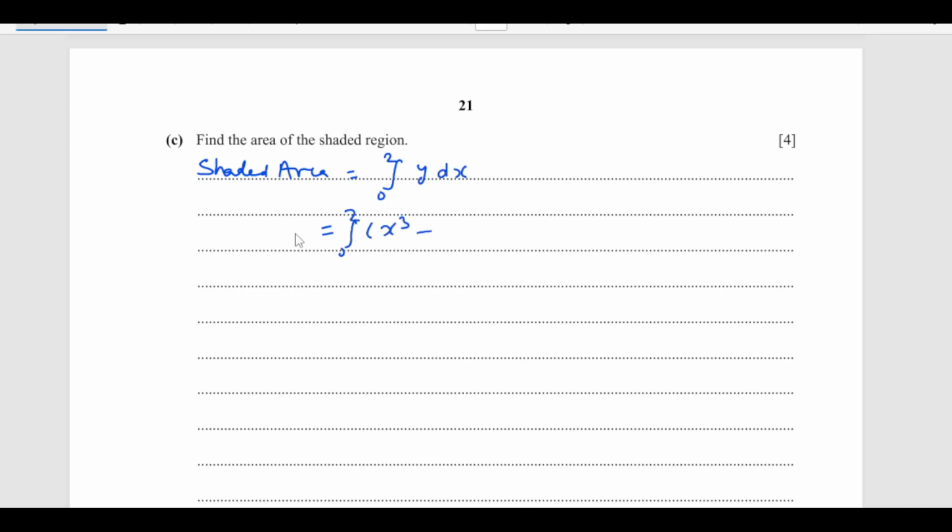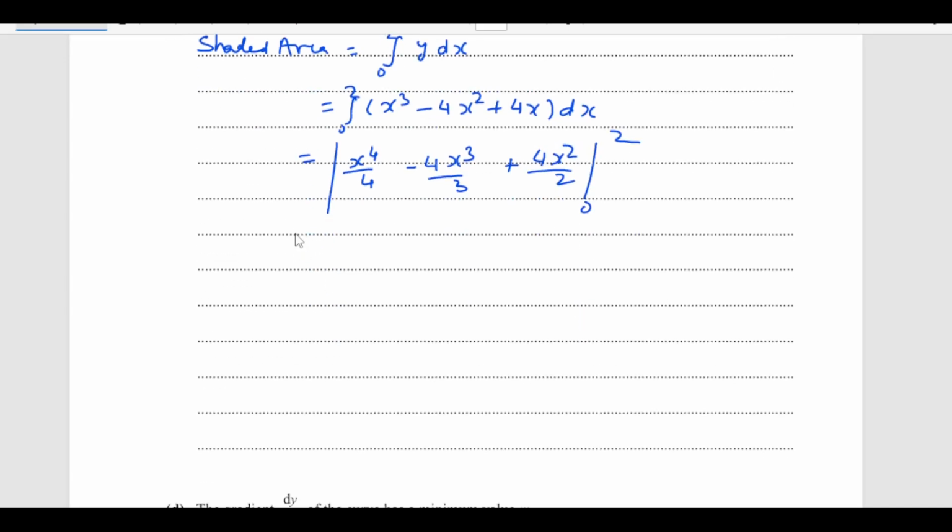X cubed minus 4x squared plus 4x into dx, right. So, this is going to be x to the power 4 over 4 minus 4x cubed over 3 plus 2x squared, and the limits are from 0 to 2. Now, we will just substitute the limits.